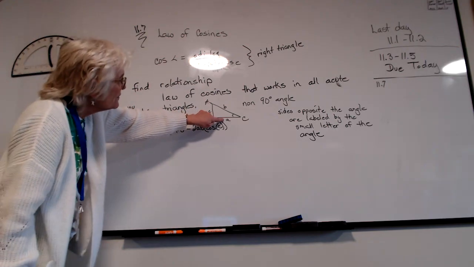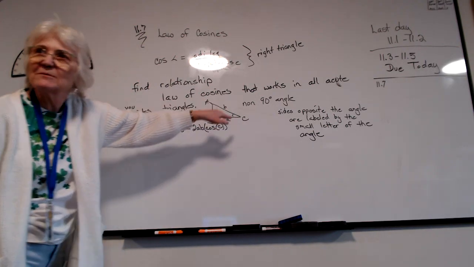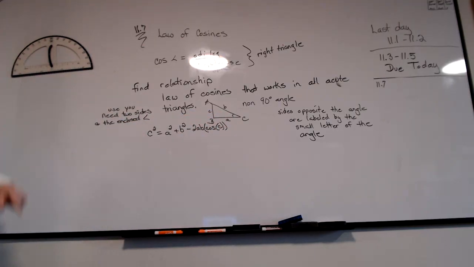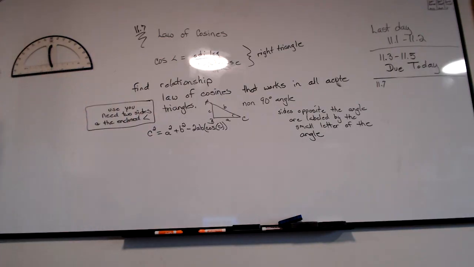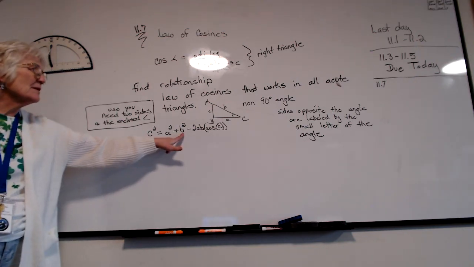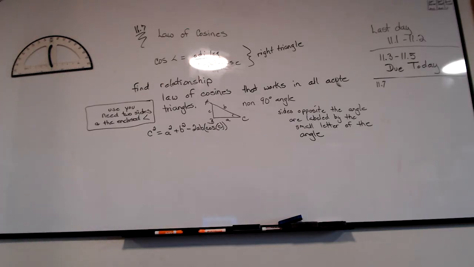So I have to know A and B, and I have to know C because it's enclosed between A and B. Now you can technically find it if you have two sides, but you have to do more algebra. Okay, so we'll practice working with those in a little bit.